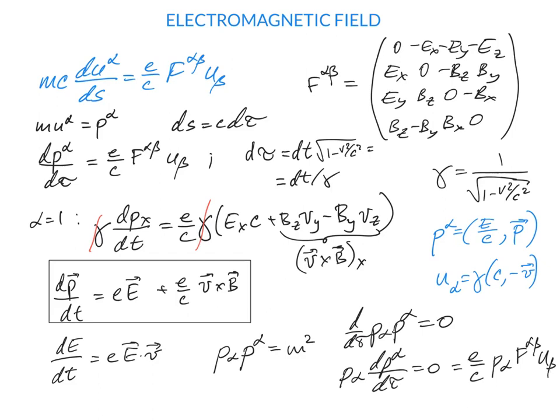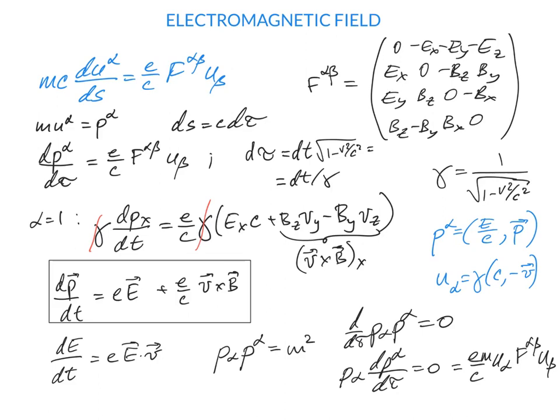Now, p alpha is just m u alpha, so I can get rid of p and write m u alpha here. Now, the expression here is identically 0 because of the anti-symmetry of the tensor F alpha beta. So this is fully consistent with the left-hand side explicitly being equal to 0.